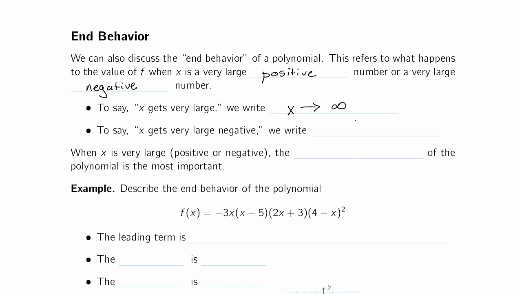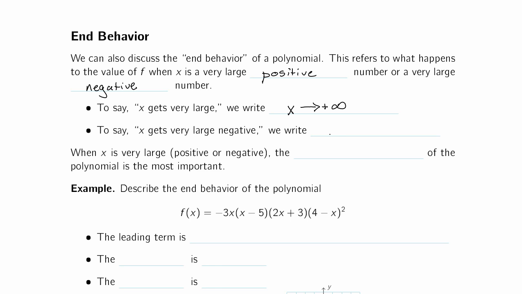And just like when we were writing interval notation, that's not some number infinity. It's rather just a symbol that means that x is allowed to be very, very large numbers indeed. And to make it very clear that x is getting very large positive, we will often write a positive infinity there.